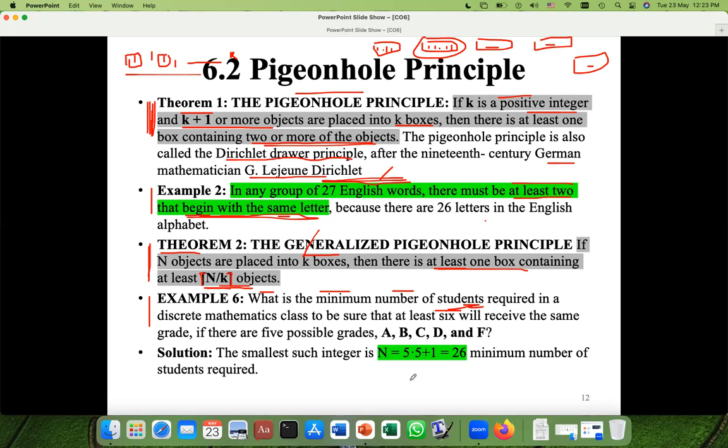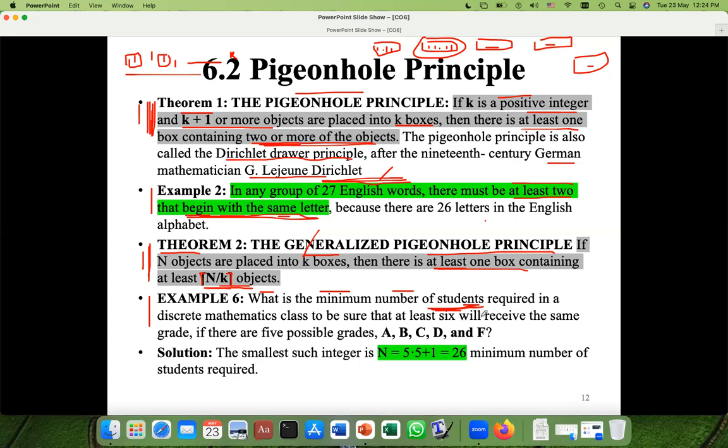So you have to think in that way, either theorem 1 or theorem 2. So at least 6 will receive. This is the condition: at least one box containing 2 or more objects. Anything is possible.